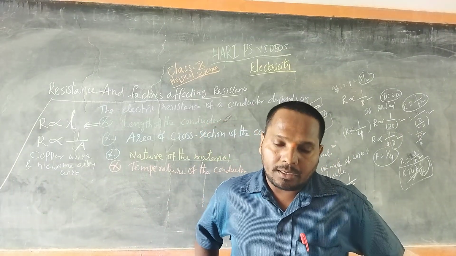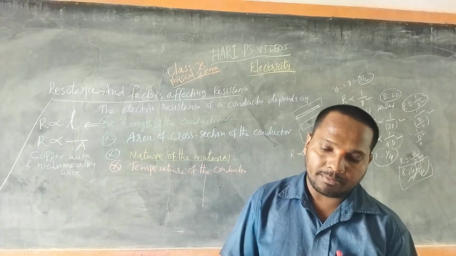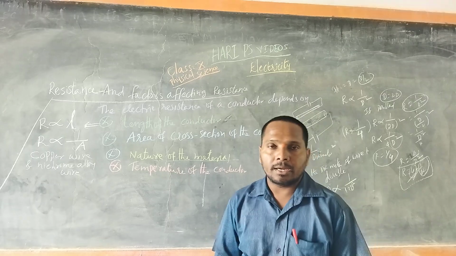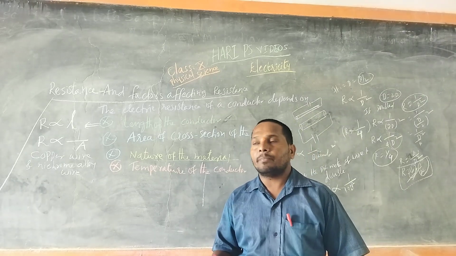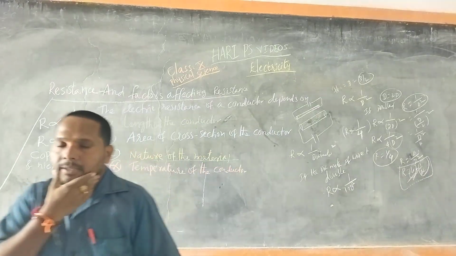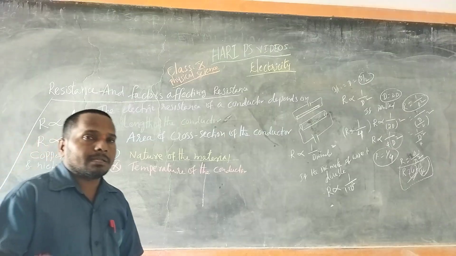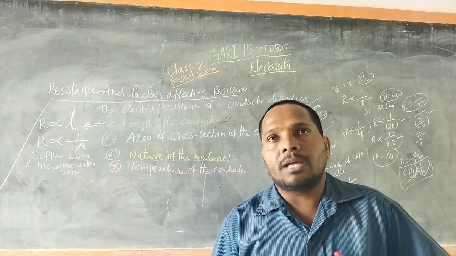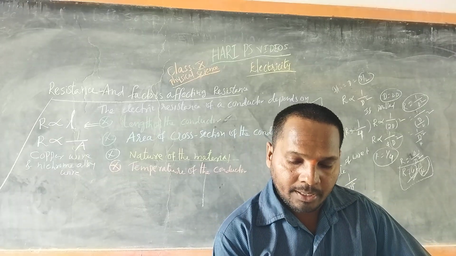We find that the resistance of nichrome wire is about 60 times more than the copper wire. This shows that the resistance of the conductor depends on the nature of the material. Even among metals like copper and silver, silver has low resistance. Silver has lower resistance than copper, iron, aluminum, and zinc.